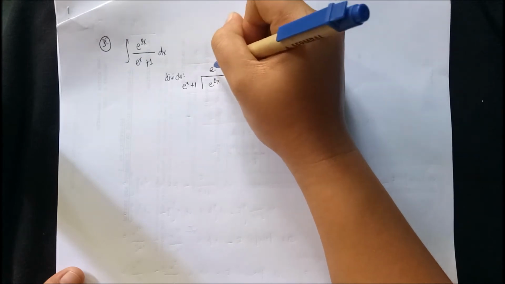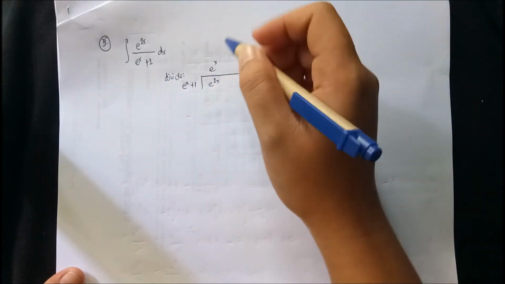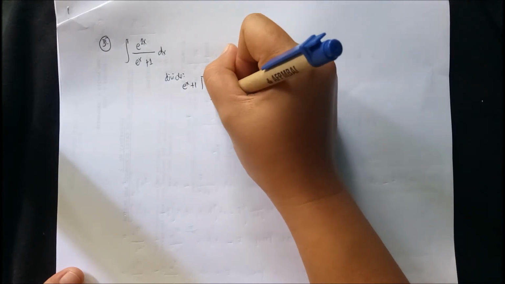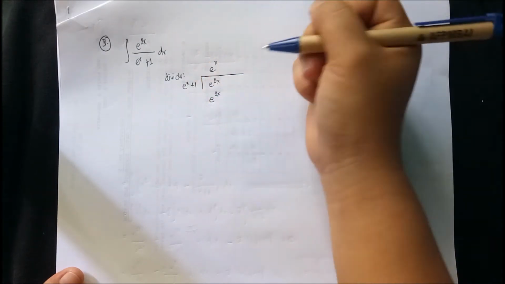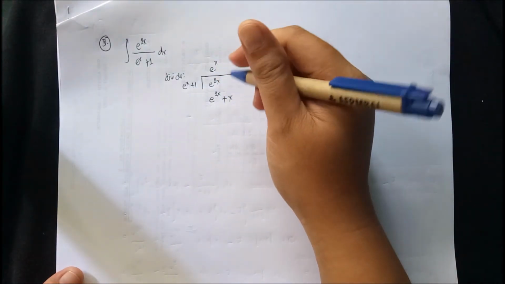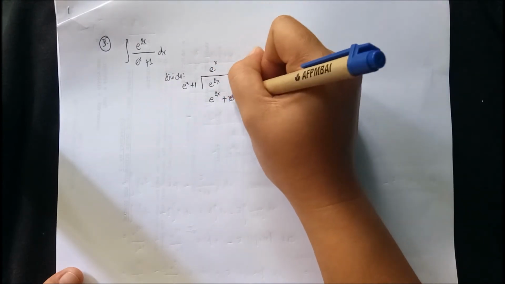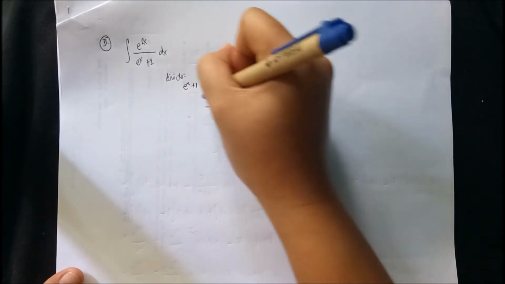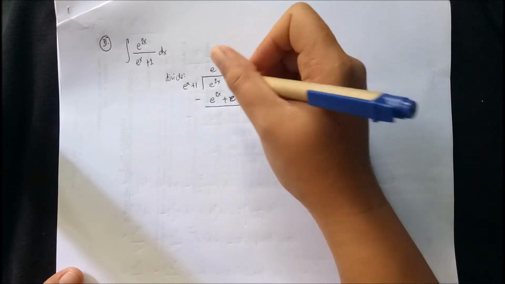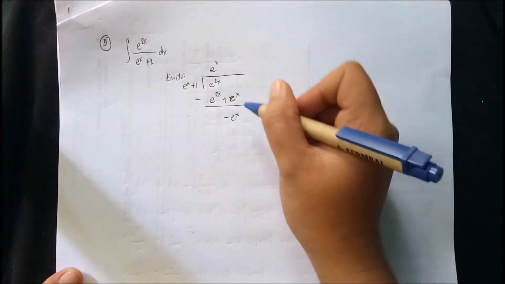This becomes e to the x. Tapos, multiply that one. Copy the base. Add the exponent. Nagiging 2x. E to the 2x plus e to the x. Minus class. Kakancel to. So, we are left with negative e to the x. Then, wala na natira. This will be our remainder.